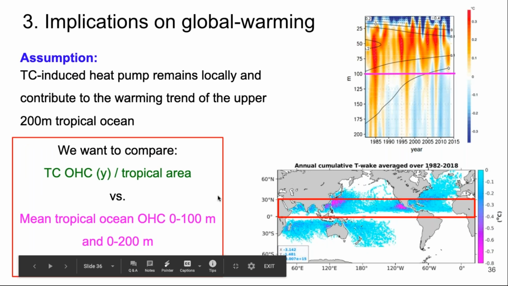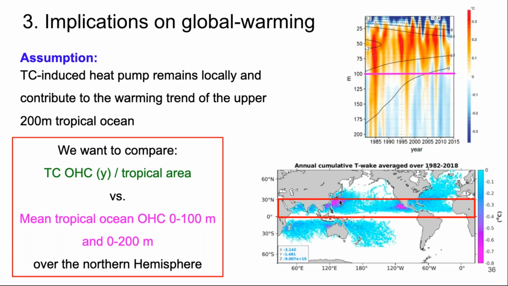And because, looking at this map, in the Northern Hemisphere there are more TC activities, whereas in the Southern Hemisphere there's less activity and no activity in the Southern Atlantic and in the Southeastern Pacific, it will be more meaningful to compare the TC-induced heat pumping with the tropical ocean heat content for the Northern Hemisphere.